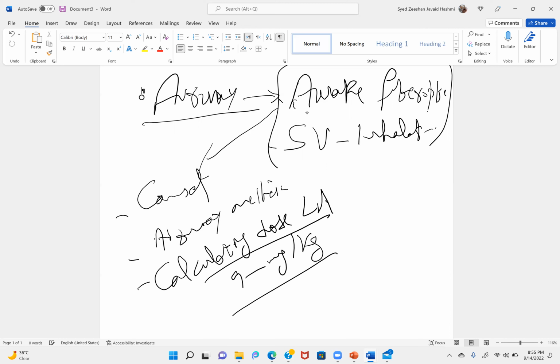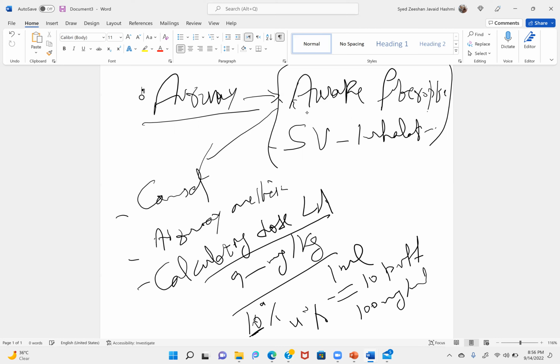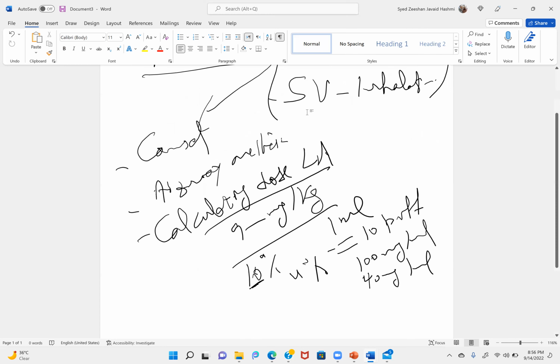So we have discussed before about this 10% and 4% spray. Usually 1 ml is equal to 10 puffs. If they are giving 10%, it means 100 milligram per ml, and 4% means 40 milligram per ml.